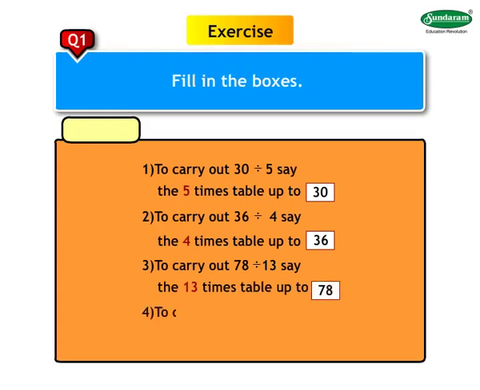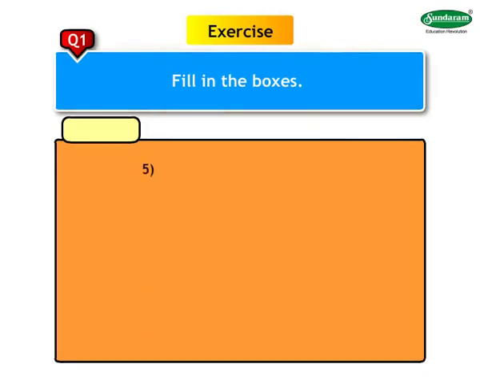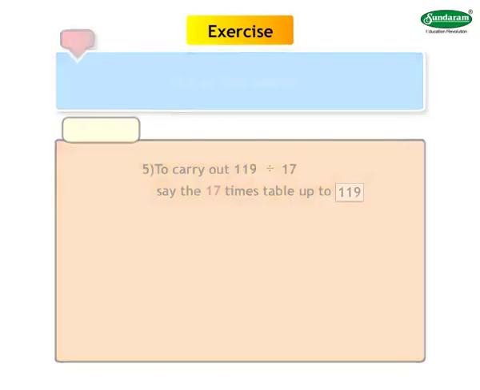4. To carry out 54 divided by 6, say the 6 times table up to 54. 5. To carry out 119 divided by 17, say the 17 times table up to 119.